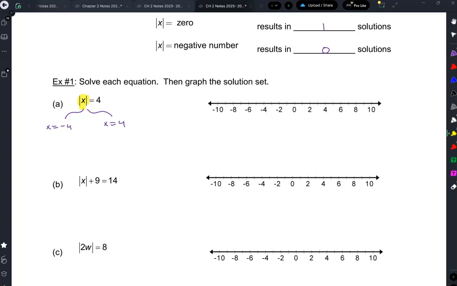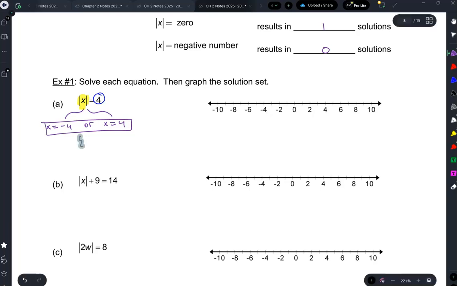First, the absolute value goes away, and then you say it equals the negative of this number and then the positive of this number. So our answer here is x equals negative 4 or x equals 4. And then we can write it in another way, which is negative 4, 4.